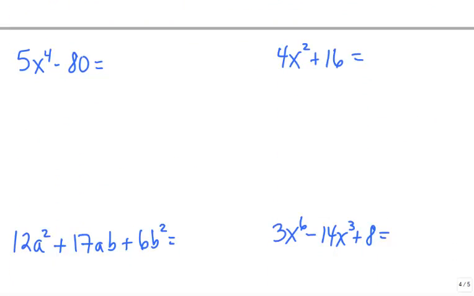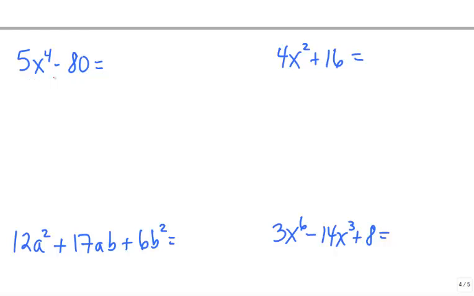Okay, we're going to finish off today with just some mixed problems. So these are all polynomials that have all different things going on. And so we have to kind of work through our checklist of factoring to decide which factoring technique we should use. So in this first problem, I have 5x to the fourth minus 80.